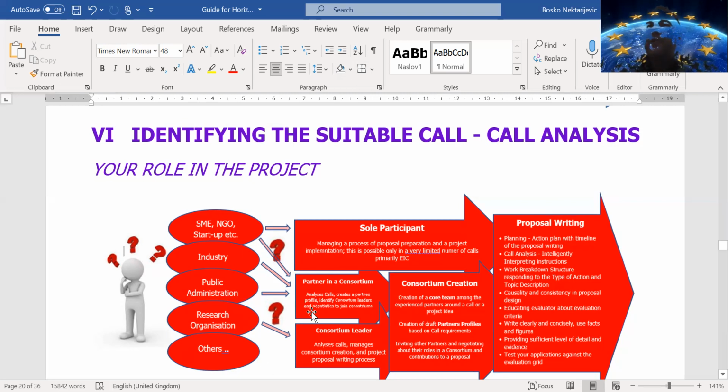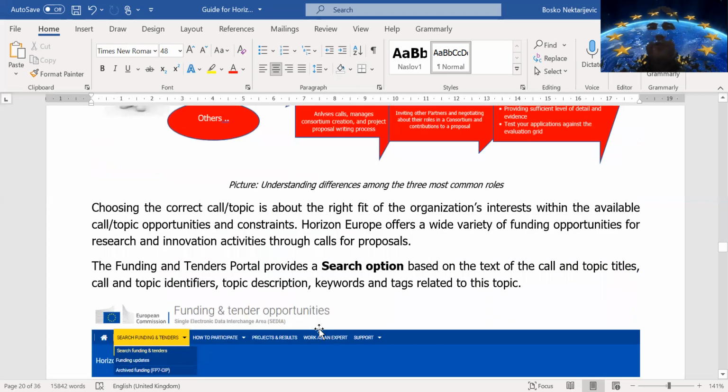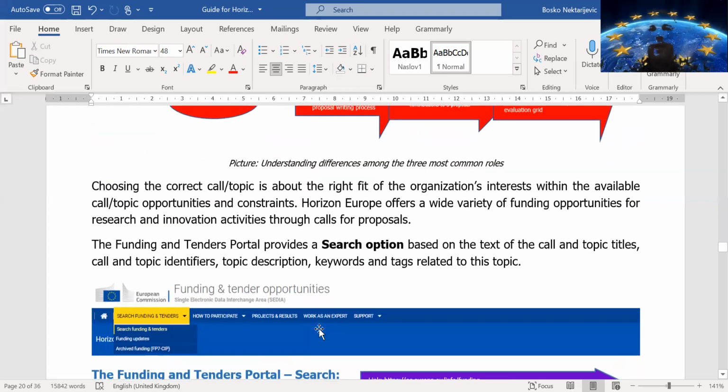Those are the major pathways that I shall address a little bit. And choosing the correct call topic is all about finding the right fit for your interests within the available opportunities and particularly constraints. And Horizon Europe really offers a very wide variety of funding opportunities.